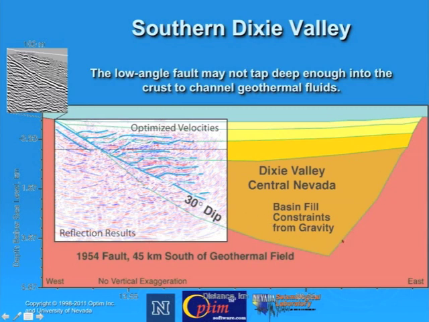Constraints from gravity on where the basin goes, and we see good correspondence between all that and a 30-degree dip, a very shallow dip, in southern Dixie Valley on the Dixie Valley Fault. So no basin-ward faults here.